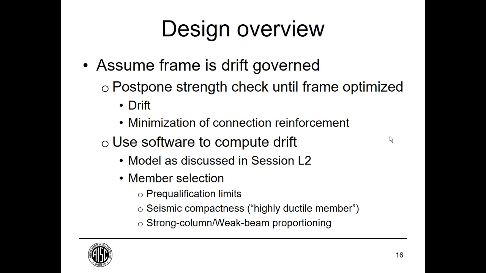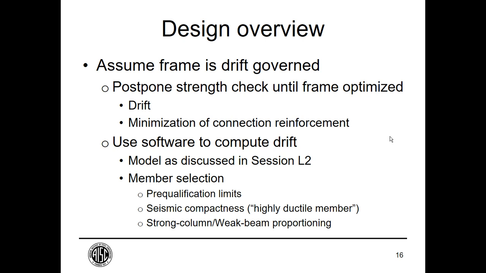There are pre-qualification limits, meaning that some beams will just be too deep, too heavy. They may be very efficient to use, but they are not pre-qualified for the connection that we intend to use, and therefore we shouldn't be spending our time selecting them only to find later on when we check our pre-qualification limits that the member is not acceptable.